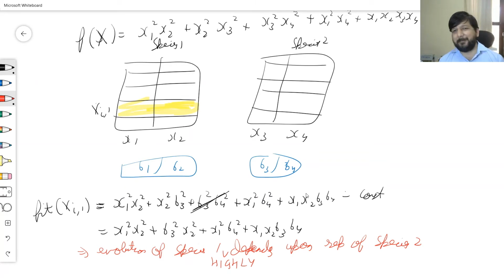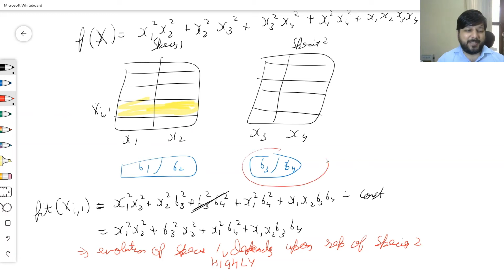So evolution of species 1 highly depends upon the representative of species 2. Now what really happens is, after first generation, practically these representatives will change. Now imagine you did one evolution of this species and you did one evolution of this species and this representative changes.